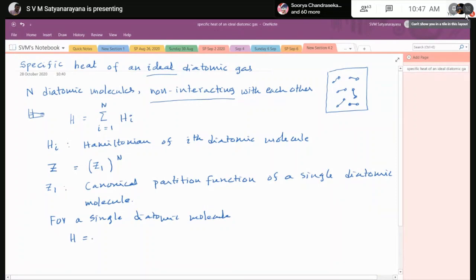Arshad, can you tell me the Hamiltonian? Can you help me to write the Hamiltonian for a single diatomic molecule? Arshad, are you there? Yes, sir.